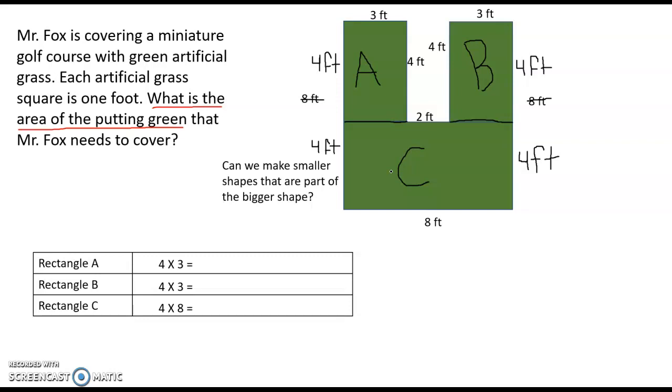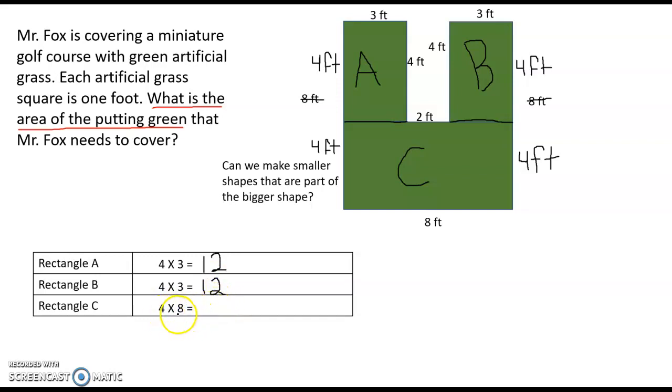Four times 8. Take a second and solve 4 times 3. Four times 3 is 12. So again, we have 4 times 3 in rectangle B, so it's 12.